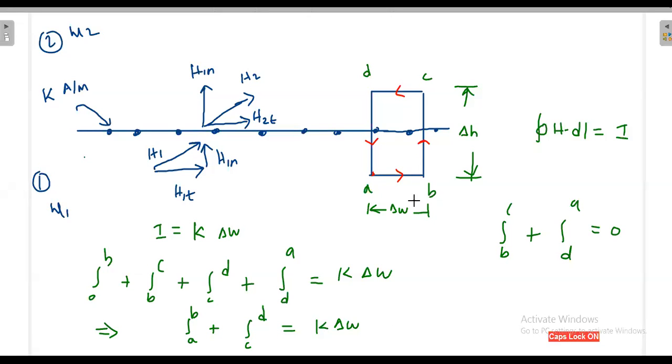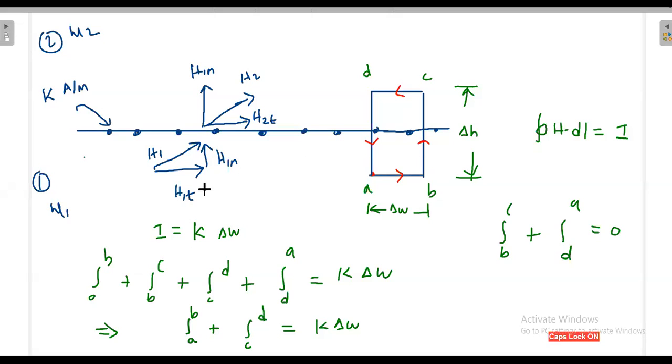You are going from a to b, and this is your vector. Say you have some vector like this. Your dl will be the vector from a to b, in the direction of y. If you make the dot product of H1 with this y vector, you will get H1t.